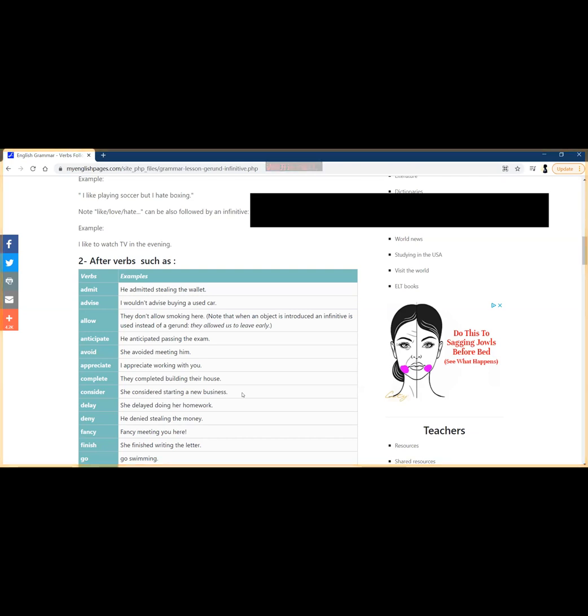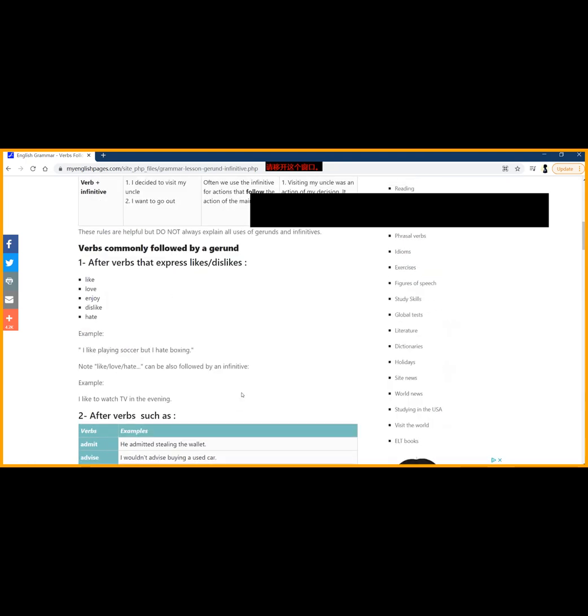Allow can also be followed by an infinitive, like they allowed us to leave early.